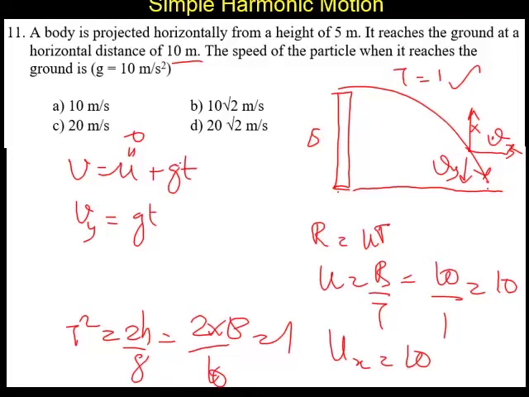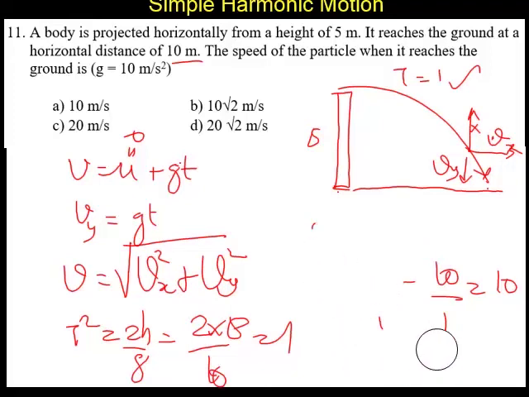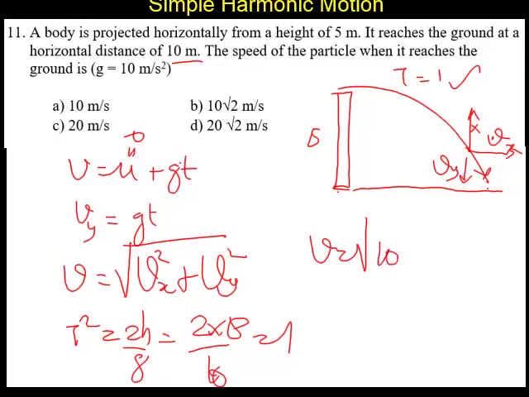So the net velocity is square root of vx square plus vy square. We have already calculated everything, so substituting these, v is equal to square root of vx square, which is 10 square, plus vy square, which is g square t square, with g as 10 and t as 1.